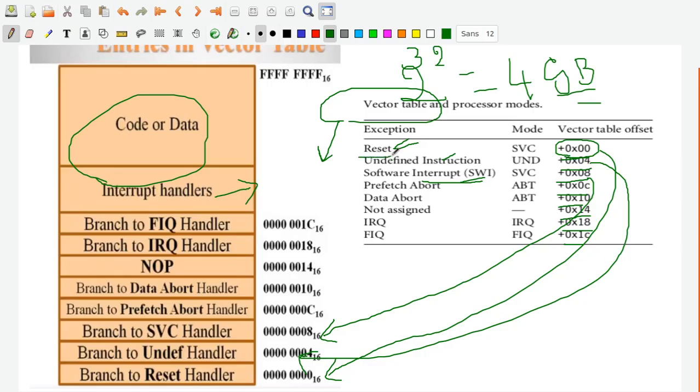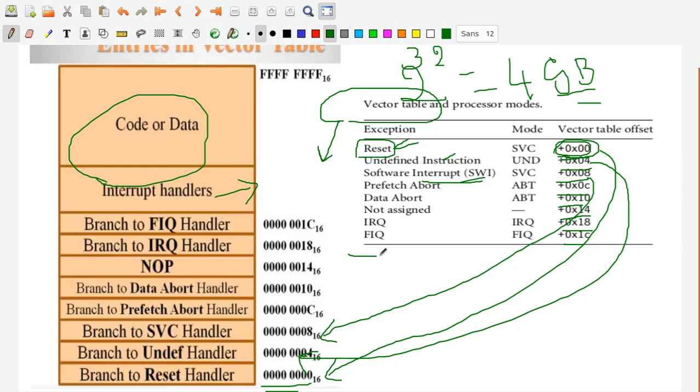For example, the predefined address for the reset exception, the branching to the reset handler, that instruction is there at the 0x00 address. Whenever a reset exception is encountered, you take out the instruction from this 0x00. That is what this means.